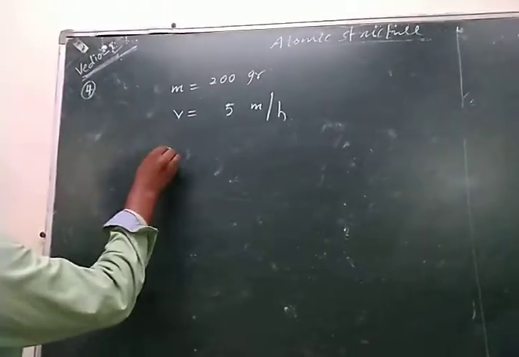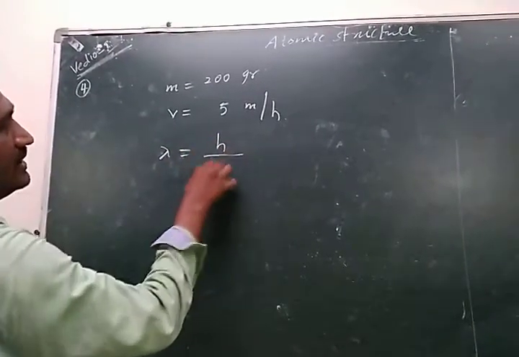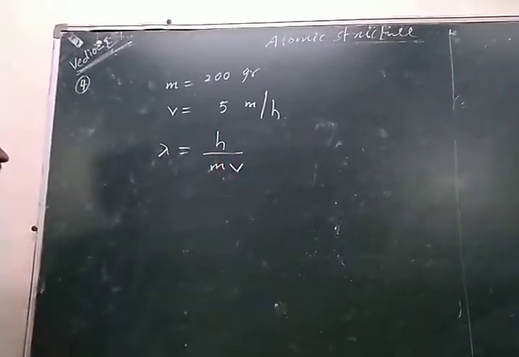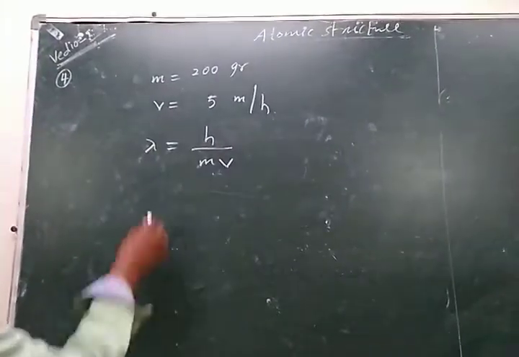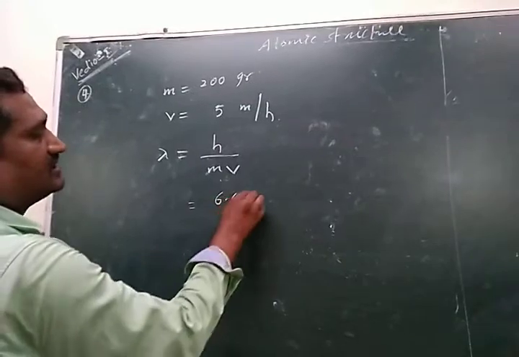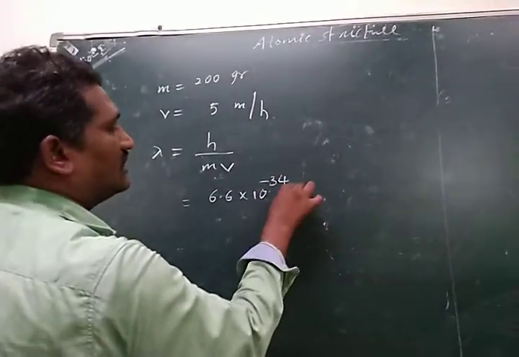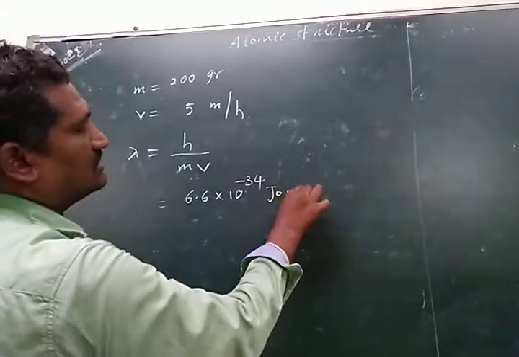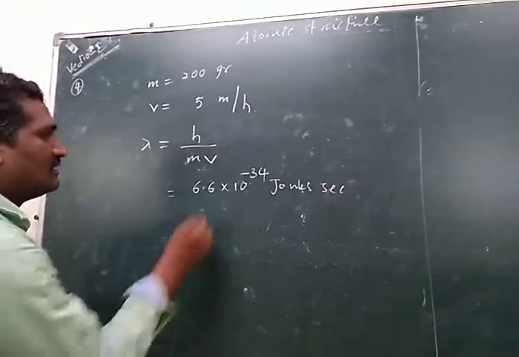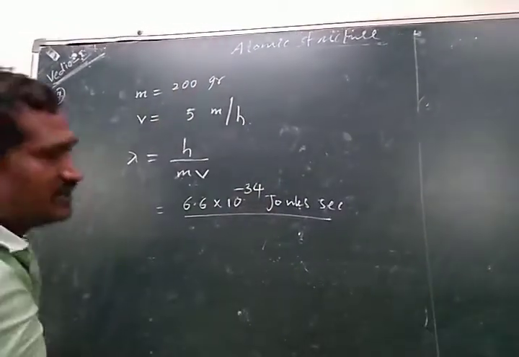So you know that wavelength lambda equal to h by m into v. Here h is Planck's constant, 6.6 into 10 power minus 34 joule seconds, and the mass they have given is 200 grams.